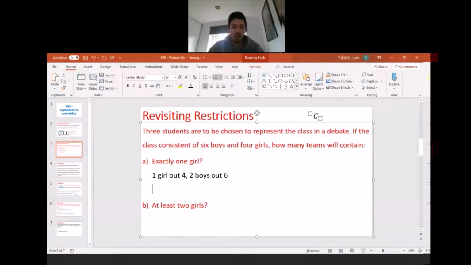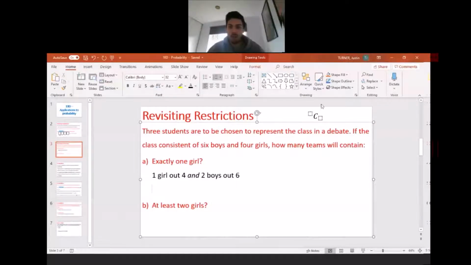So that's what we're doing. 1 girl out of 4, and then 2 boys out of 6. And we're looking at combinations here. So if we isolate these two, let's look at how many combinations we have when we're choosing 1 girl out of a group of 4.